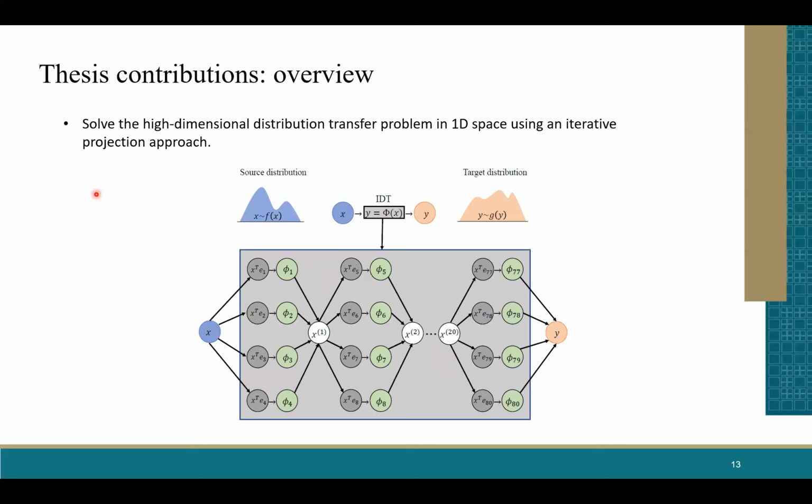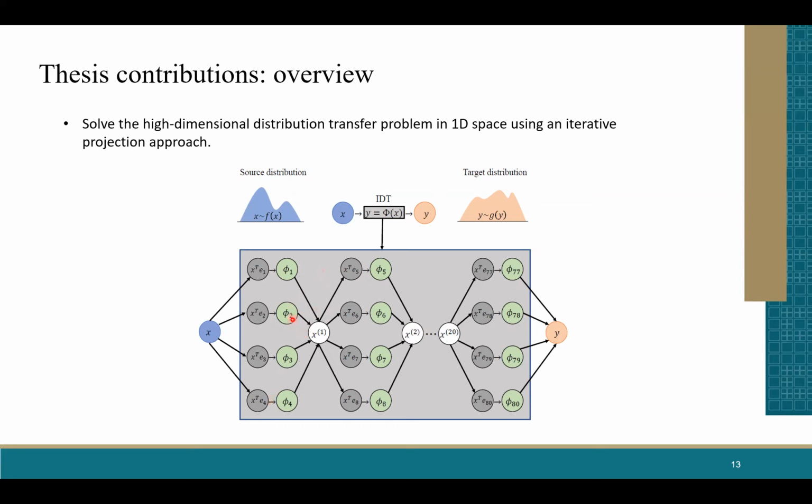Inspired by the 1D iterative approach of the algorithm proposed in the literature initially as an approximate solution to optimal transport, we propose to follow the same approach and solve the high dimensional distribution problem in 1D subspaces using an iterative projection approach. So we iteratively project the point values originally in high dimensional space to 1D subspaces, creating two 1D datasets for the source and the target images.